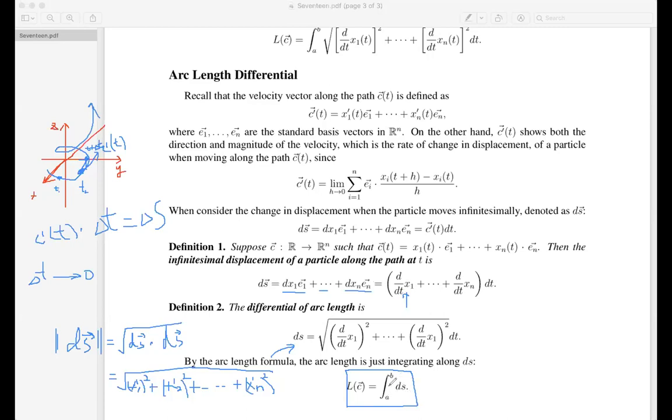Basically, you just manipulate the ds along the path. Okay. Any questions? All right.